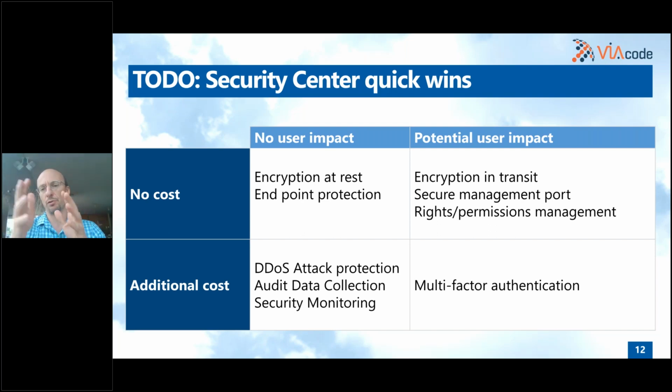Then we monitor for potential impact, and once we confirm that there won't be any impact, we typically help customers implement the no cost, potential user impact ones, because customers usually like to start with no cost options first. And then we go into more advanced configuration of turning on additional data collections and other services from Microsoft.